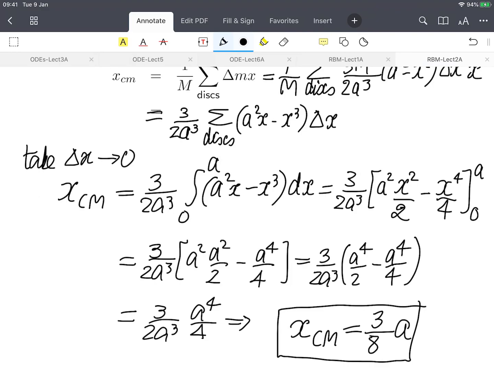So these are tricky exercises. The reasoning is okay, right? You use symmetry as much as you can. When you count them out, then you divide it into sub-elements for which you know where the center of mass is. And then you have to do all this machinery. Not easy. But you are expected to know those two at least.